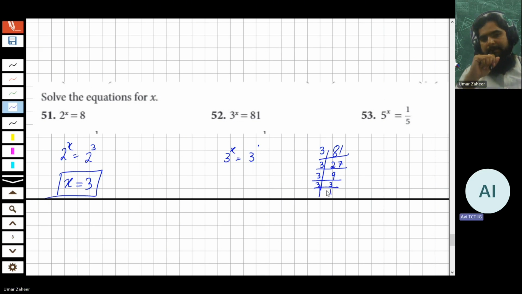So 3 to the power 4. So x will be equal to 4.